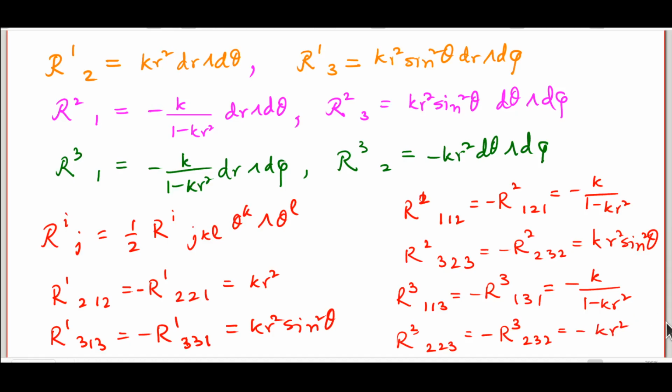All the non-zero curvature tensor components have just been listed. It's just these 1, 2, 3, 4, 5, 6 independent components which are non-zero. Of course, 12 components are non-zero, but 6 of them are related by this antisymmetry of the last two indices to each other. So 6 of these are independent, the other 6 follow from that. So our curvature tensor calculation is complete.